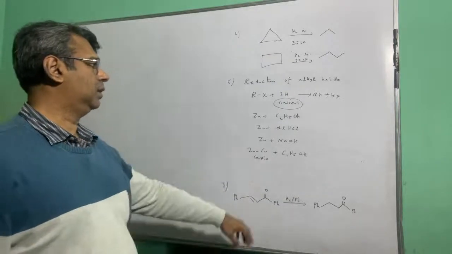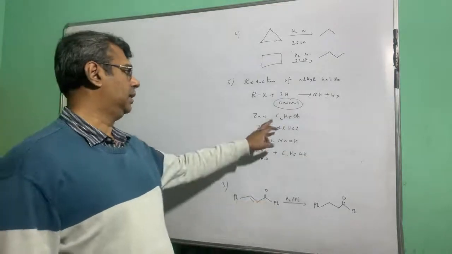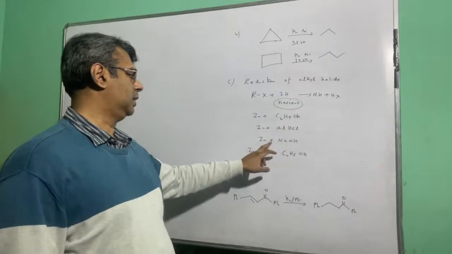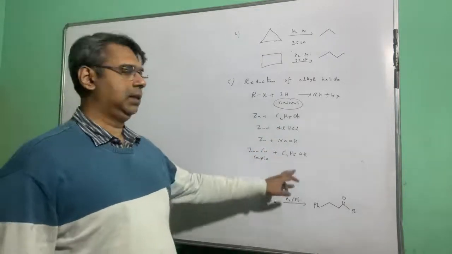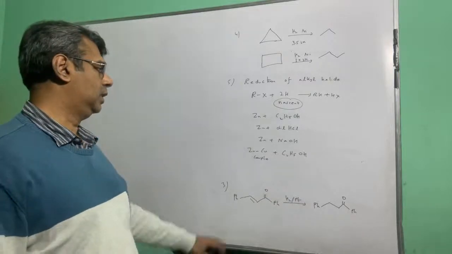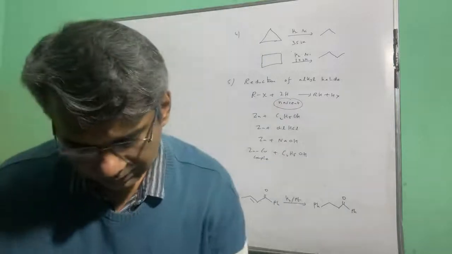So these are the different ways in which you can get nascent hydrogen: zinc plus ethanol, zinc plus dilute HCl, zinc plus NaOH, and zinc-copper electrodes with C2H5OH as the electrolyte.